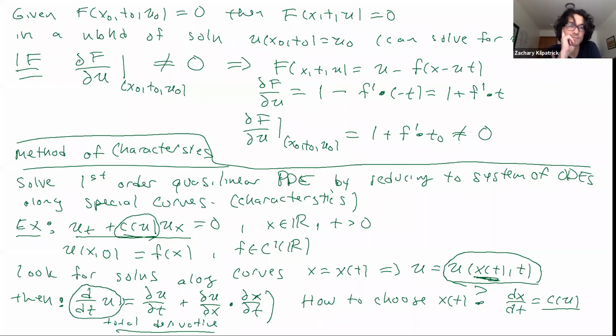Gotcha. And then on the other side, we define characteristics as lines along which this total derivative is 0. But we took the total derivative dotted with your coefficients, right? In our example, we took that with respect to time, but we could just as well have done it with respect to x and switched things. Yeah.